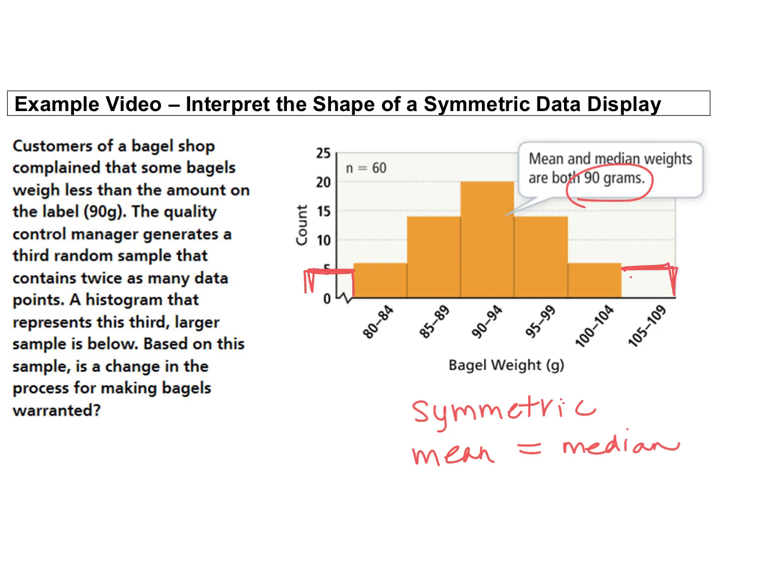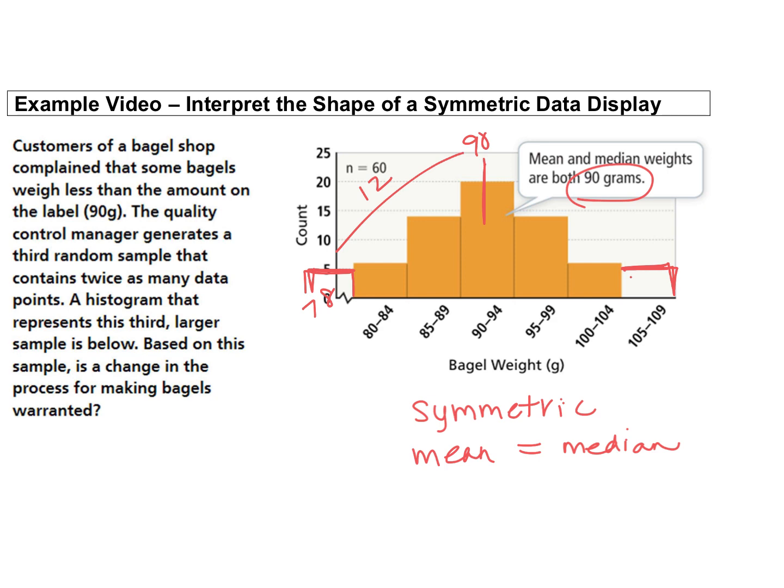So it does look like we still have a symmetric histogram. However, because we're given specific values, and we know that the mean and median are both 90 grams, we put in 5 bagels that are 78. How close is 78 to our median of 90? Well, that's 12 units away. So it's 12 less than 90.